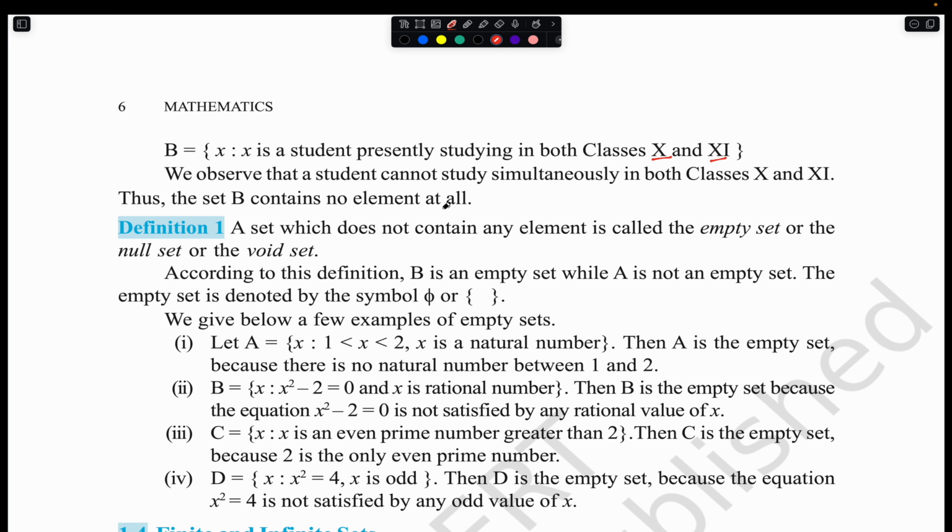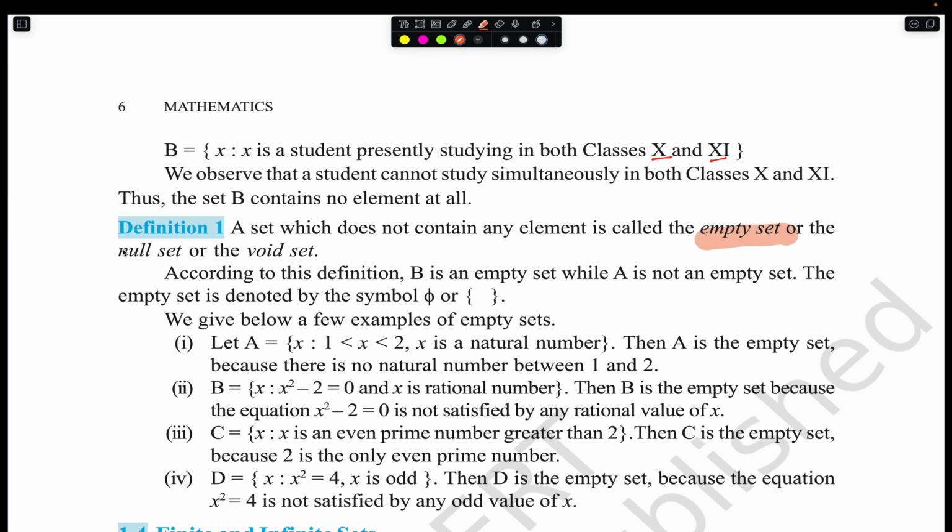Now, once we have an idea that there could be sets which do not contain any elements, those sets are what we call an empty set. The definition is: a set which does not contain any element is called an empty set, right?